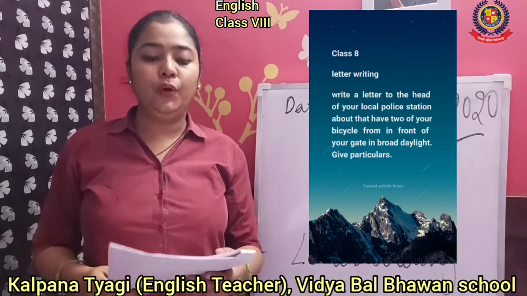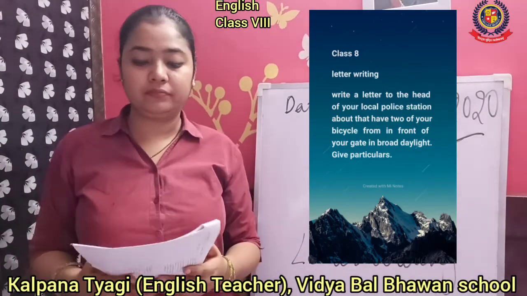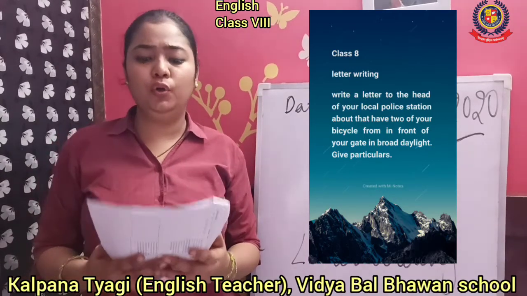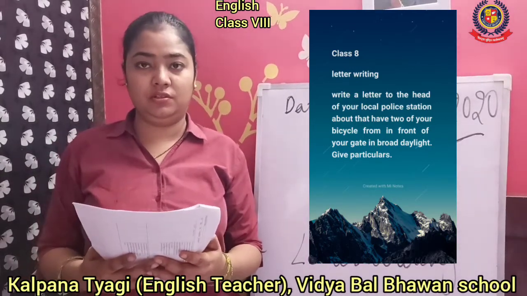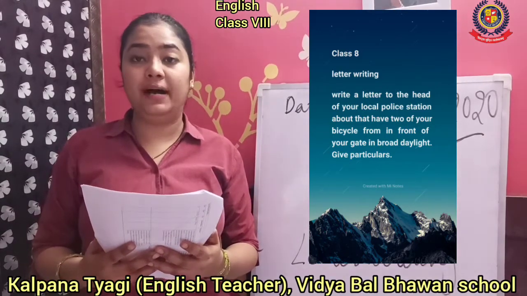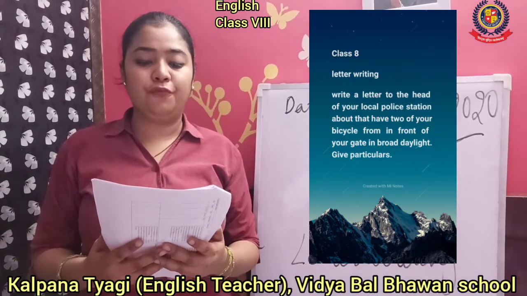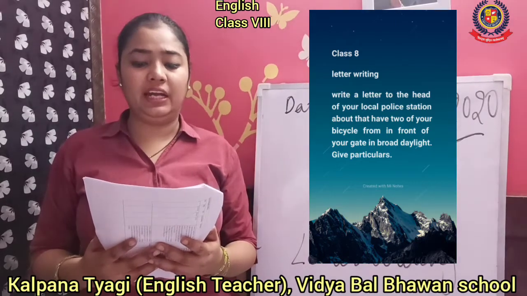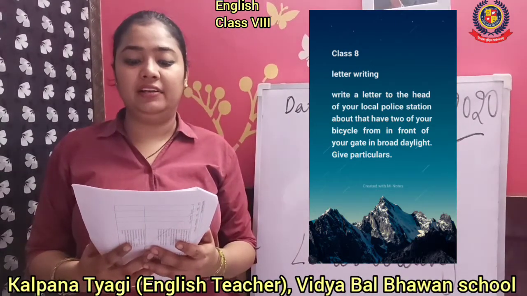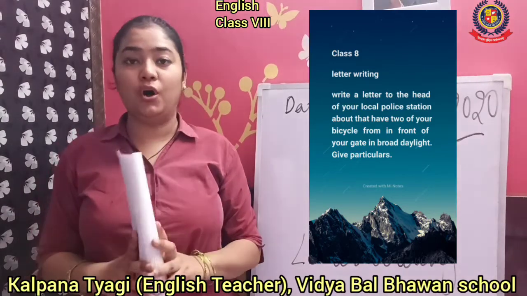Now, I am going to read the question. Write a letter to the head of your local police station about the theft of your bicycle from in front of your gate in broad daylight. Give particulars also.